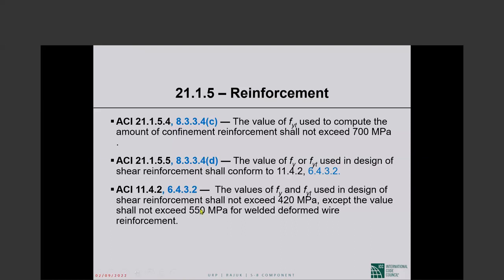So this says the value of f_y and f_yt used in design shall conform to 11.4.2, and 11.4.2 says the values of f_y and f_yt used in design of shear reinforcement shall not exceed 60 ksi. Welded wire reinforcement, you go up to 80 ksi.